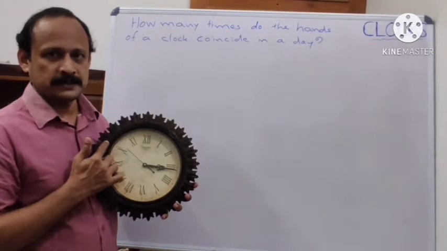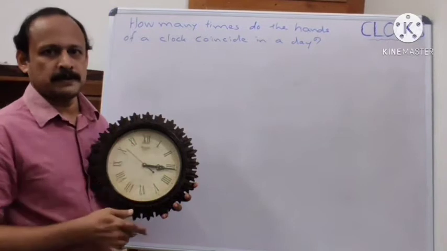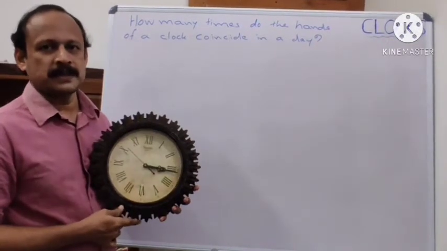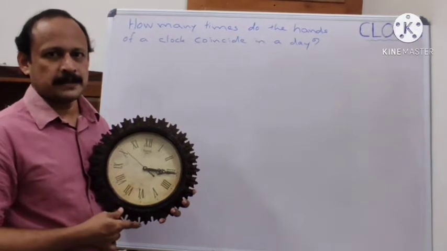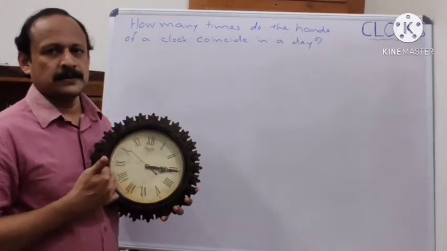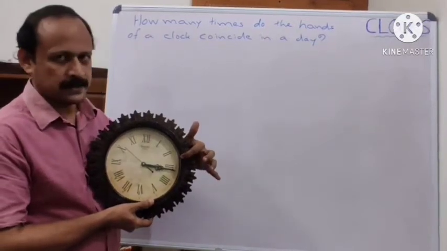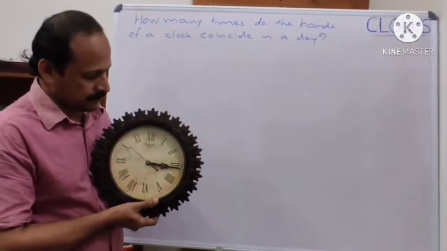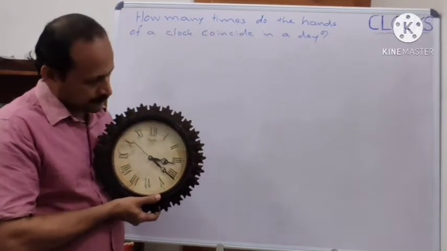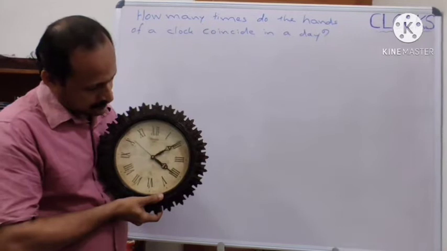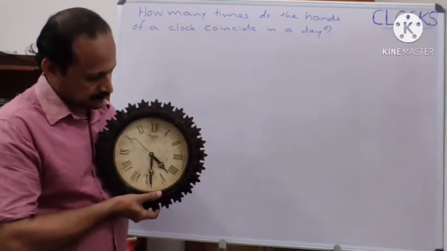You may feel that they coincide in 12 hours 12 times, but that is not the correct answer. To get the answer, you check for all the cases. After 3 o'clock they coincide, that is the fourth case. Next is after 4 o'clock, that is the fifth case.